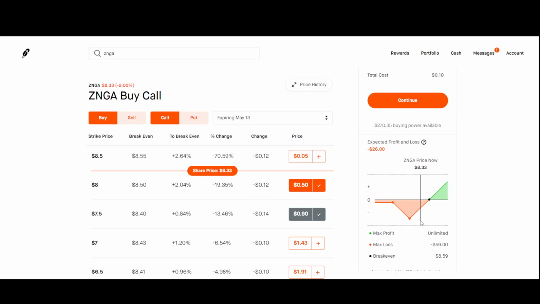You see right here is where Zynga is currently trading. By the way, we chose the expiration date of May 13th, which is about 8 days away from right now. Let's say by May 13th, I think Zynga is going to be trading around $9. It's at $8.33 right now. At about $9, we'll be up $41.